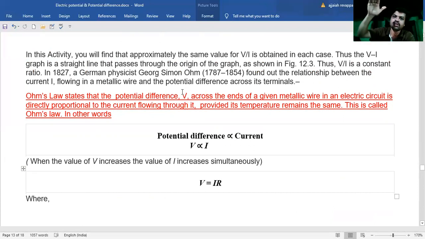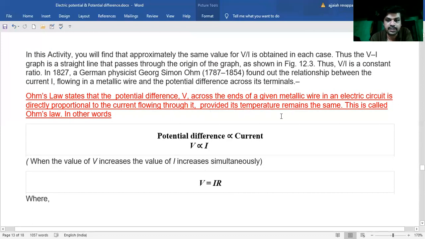Because it is undergoing more collisions, its flow is restricted, opposed, because of more heat. We have already studied in chemistry, as the temperature increases, the kinetic energy of the atoms inside increases. So when kinetic energy increases, the number of collisions also increases. So though you have increased potential difference, the current is not going to increase at the same rate.